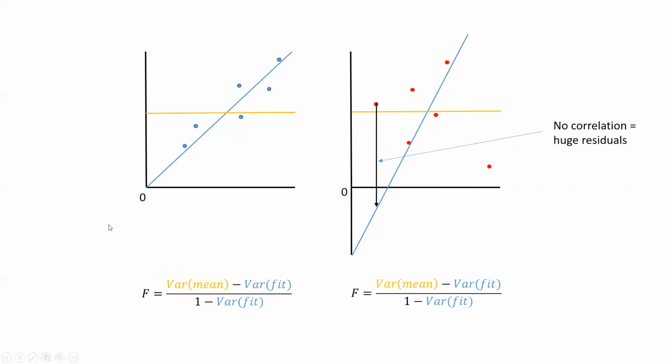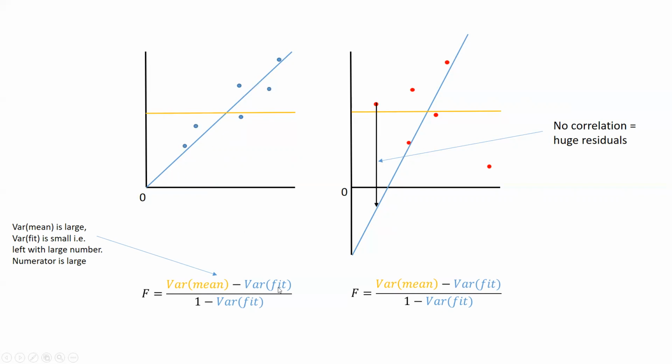It's the same equation. However, what you should notice is that in an ideal world, for correlated data, var mean is larger than var fit. You can see that here: var mean, all the residuals summed up and squared, is larger than var fit.